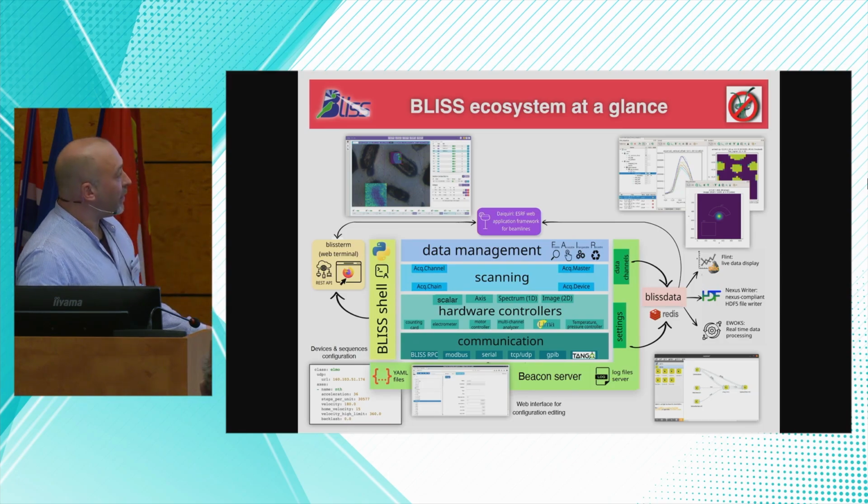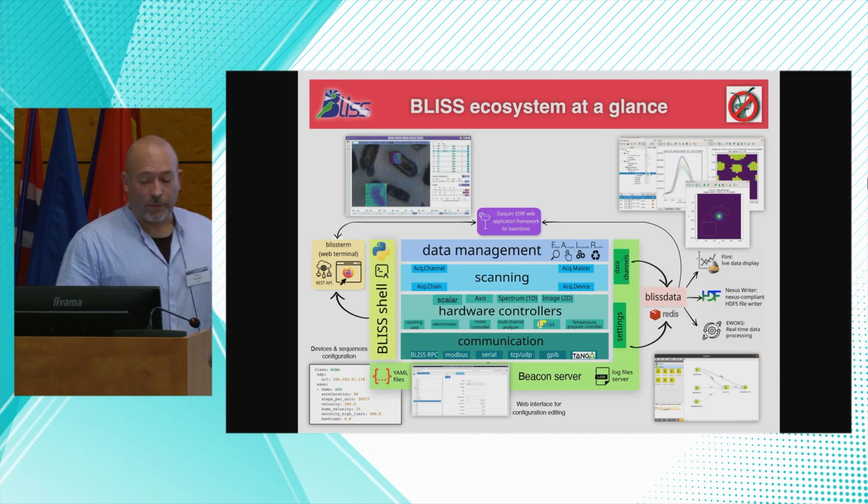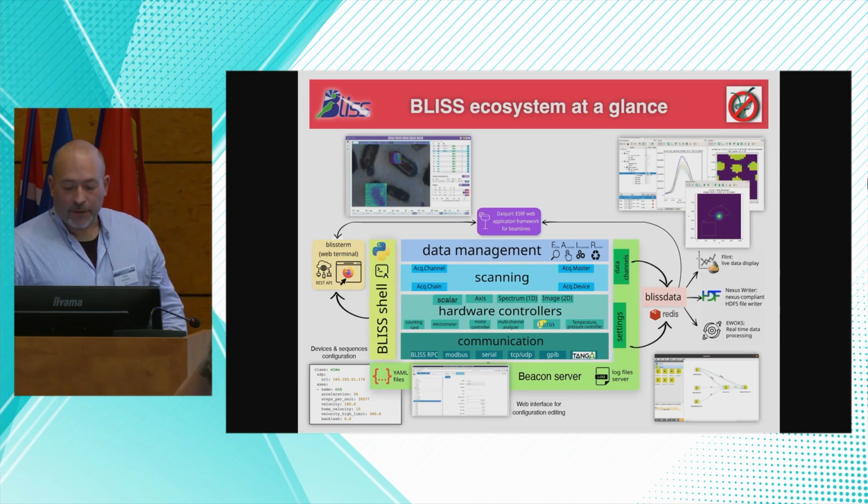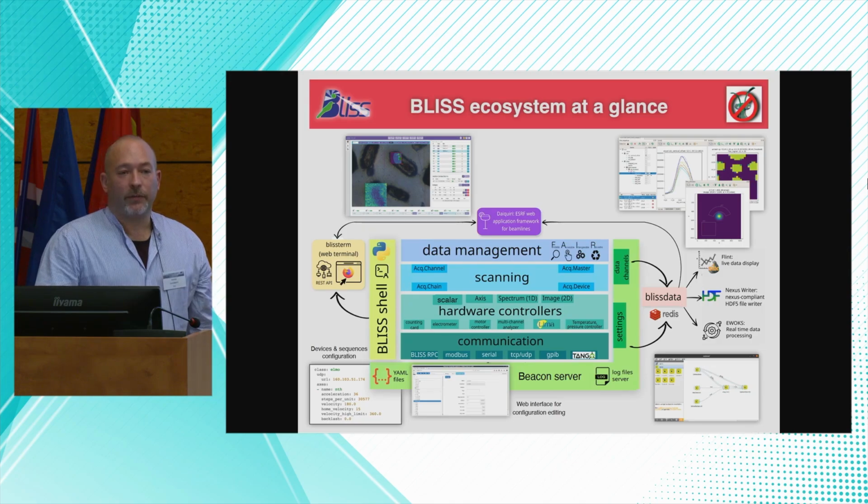It receives data from the system and serves clients like Flint for the data display, our Nexus writer for writing files, Evox for real-time data processing and workflows (we had a great presentation yesterday about Evox), and also graphical interfaces through Daiquiri. So Bliss data is really a central component of Bliss.